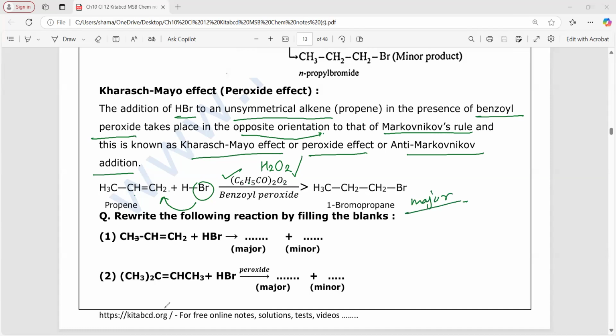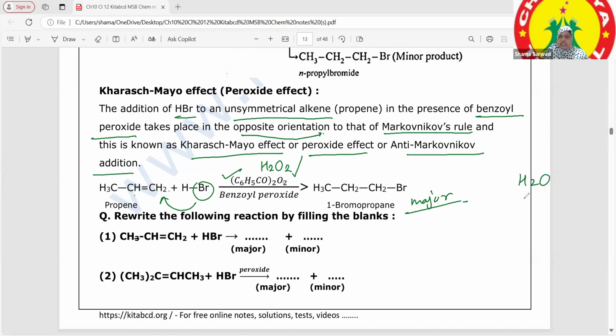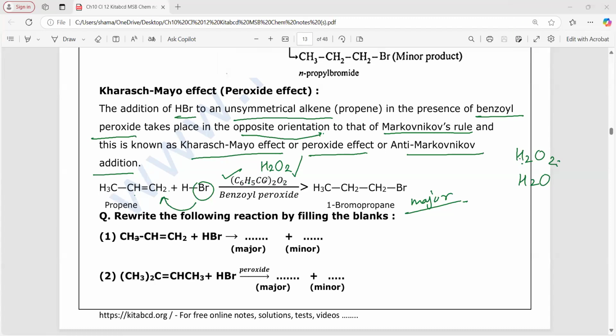Ma'am, if the reactant has what in it? Benzoyl peroxide or hydrogen peroxide. Water is H2O, hydrogen oxide, right? And H2O2, hydrogen peroxide, means for each hydrogen, one oxygen. Benzoyl peroxide is C6H5CO twice, and O2, oxygen, is also twice.